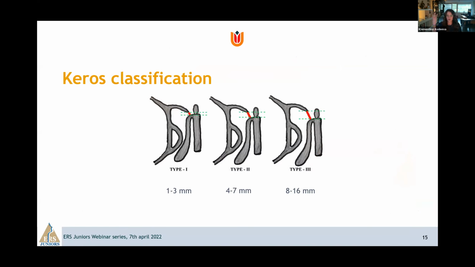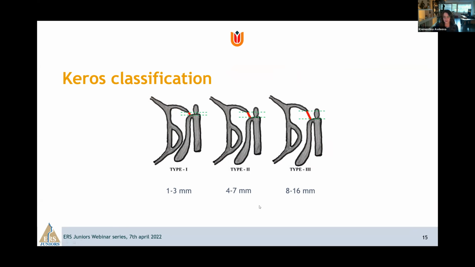Moving forwards from the posterior skull base now back to anterior skull base, we have already mentioned lateral lamella. So here we are looking at the right nasal cavity. This is septum, middle turbinate, bulla, orbit. This is cribriform plate, and this is lateral lamella. And Kerr's classification separates lateral lamellas into 3 types, depending on how long it is.